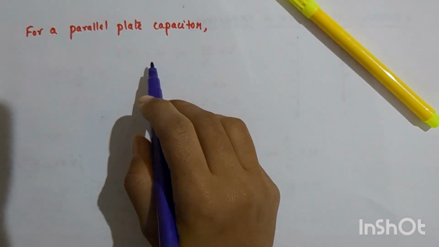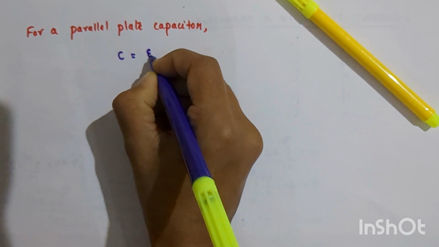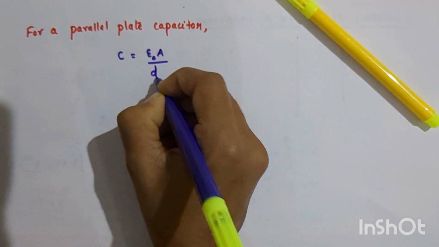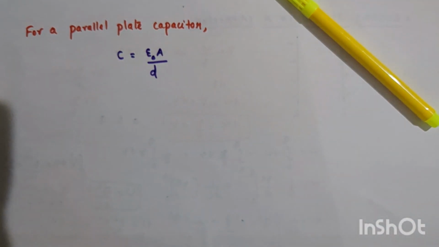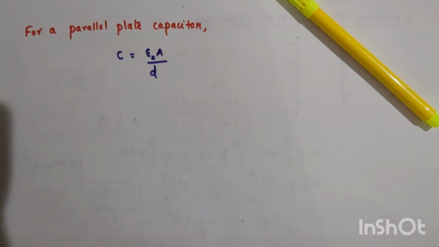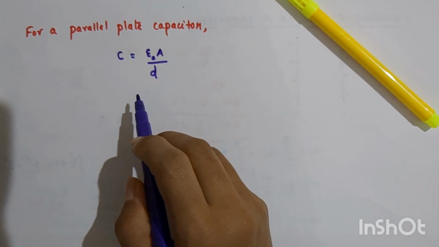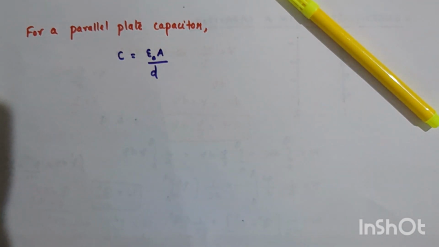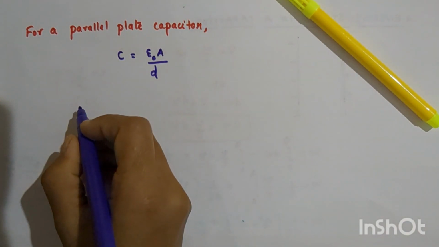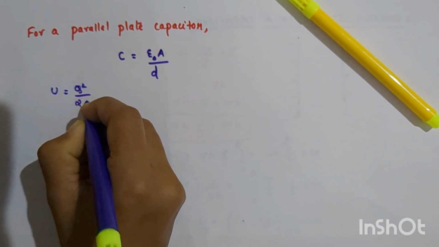Now you see, for a parallel plate capacitor, we have the expression for the capacitance as C is equal to epsilon 0 A divided by D, where C is the capacitance of the capacitor, A is the area of each plate of the capacitor, and the small letter d is the distance of separation between the two plates of the capacitor. We have the expression for the energy stored in a capacitor as U is equal to Q square by 2C.